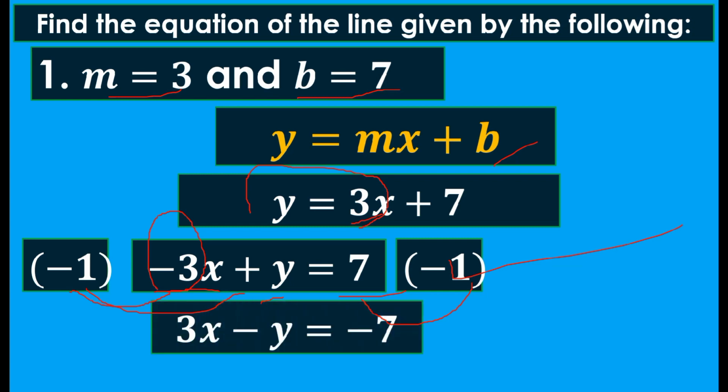Multiplying them further, it would become positive 3x minus y equals negative 7. So, it is already in this form: ax plus by is equal to c. Remember, your b can be positive or negative, but your a should not be negative. It's always positive.